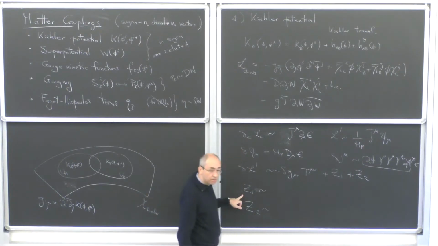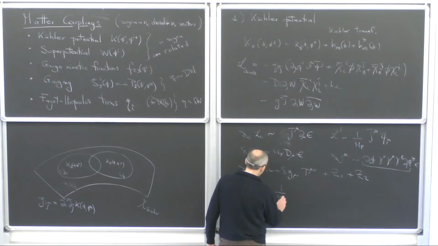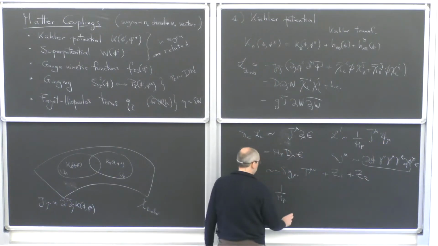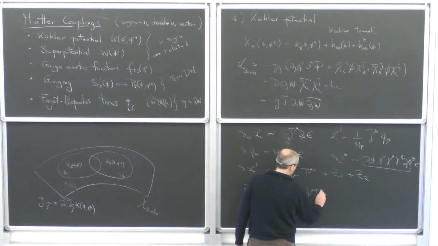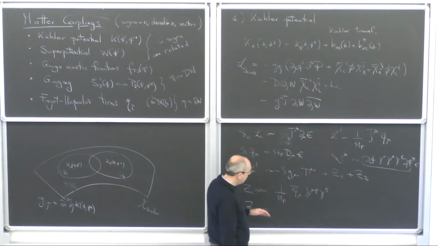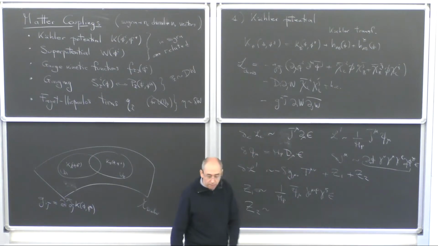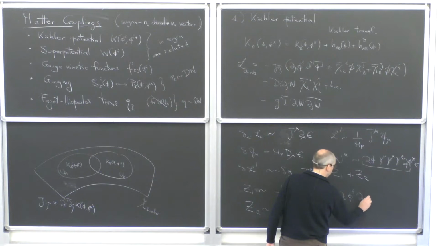In Z1, for instance, this piece is the piece that I didn't consider last time, which comes with, of course, the gravitino, and then the variation of J. So we'll have something like the gravitino, 3 gamma matrices, and then the terms multiplied by the derivatives of the scalars, and if I have here a number of scalars, then I will also have the metric.